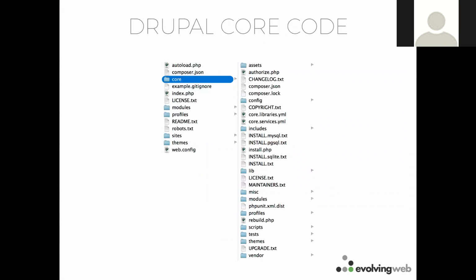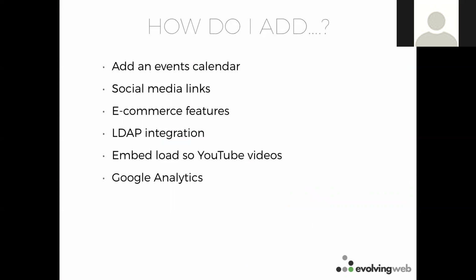And actually, if you look at the files, and I don't want to scare you off by showing you code, so don't worry, I'm not gonna show you any code in this webinar, but if you actually look at the Drupal files that come from Drupal.org, there's a folder in there called core, and that's where all that core functionality lives.